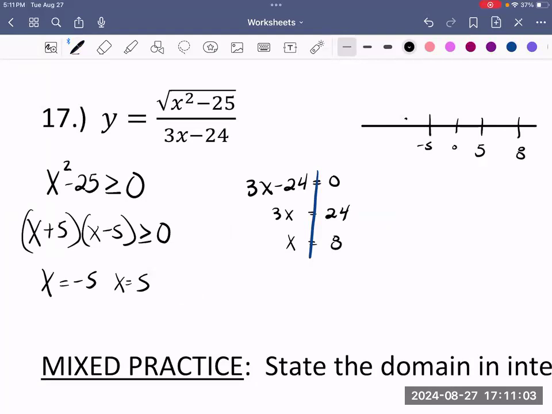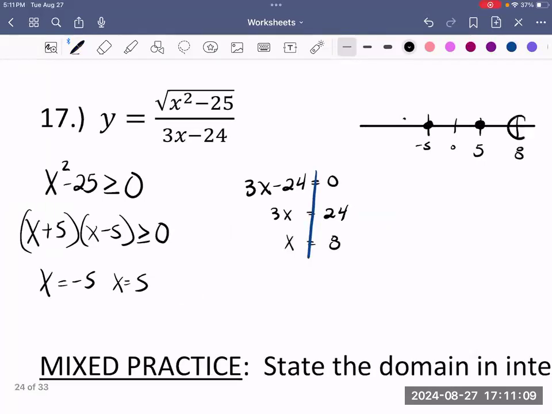That's always a go-to, and we can be equal to these values here for now. And we got to skip 8. So 0 squared minus 25 over 3 times 0 minus 24 causes an issue in your numerator. So not okay anywhere in between.